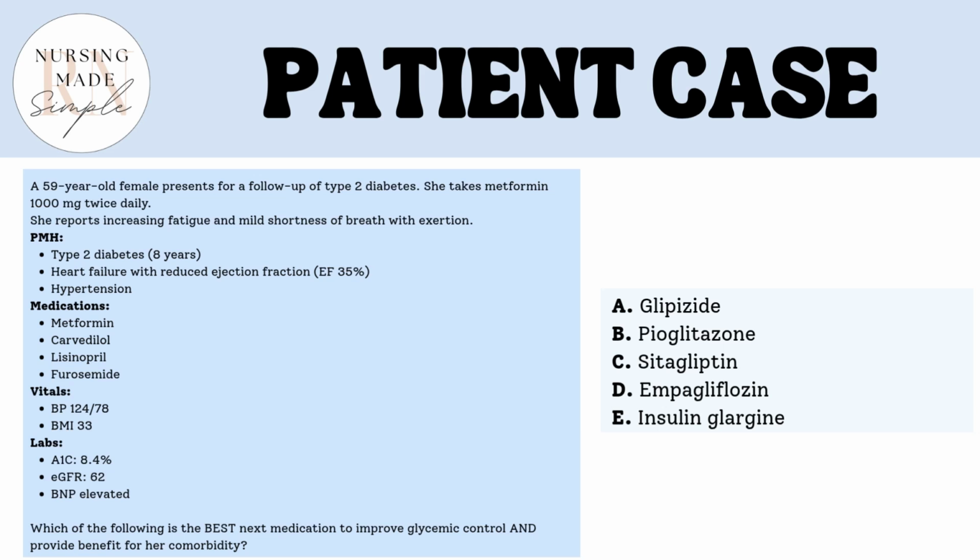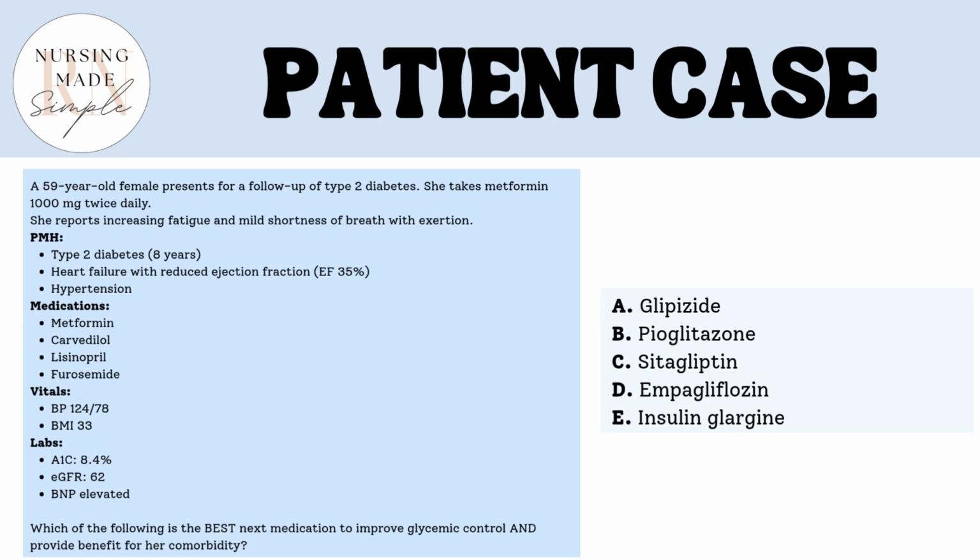She currently takes metformin, carvedilol, lisinopril, and furosemide. Her vitals are 124/78 for her blood pressure, and her BMI is 33. Her labs today are a hemoglobin A1C of 8.4. Her eGFR is 62, and her BNP is elevated.